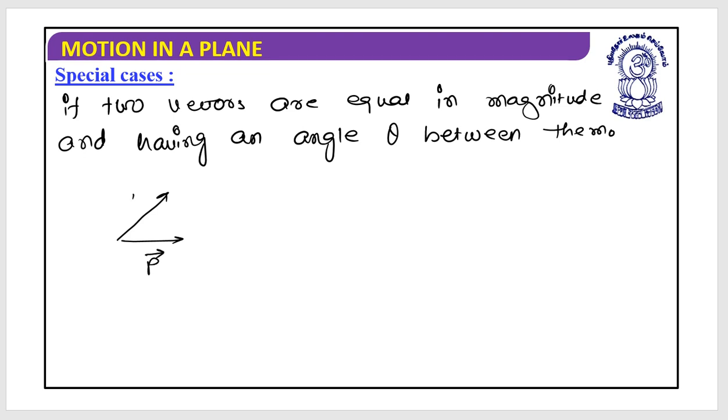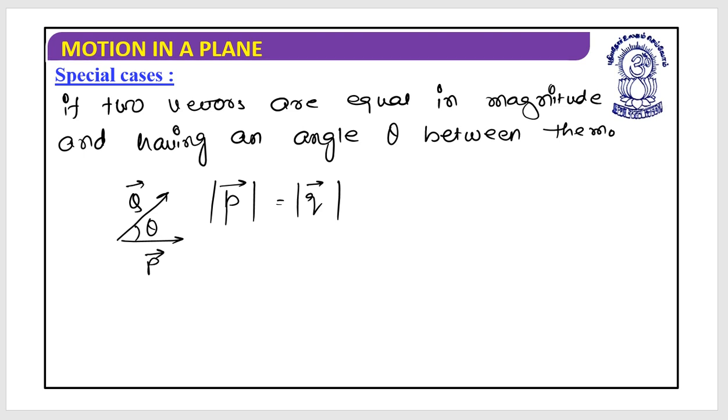This is, let's say, vector P, this is vector Q, this is angle theta, but P is equal to Q. I'm talking about the magnitude. Then what would be the case? So let's have a look.